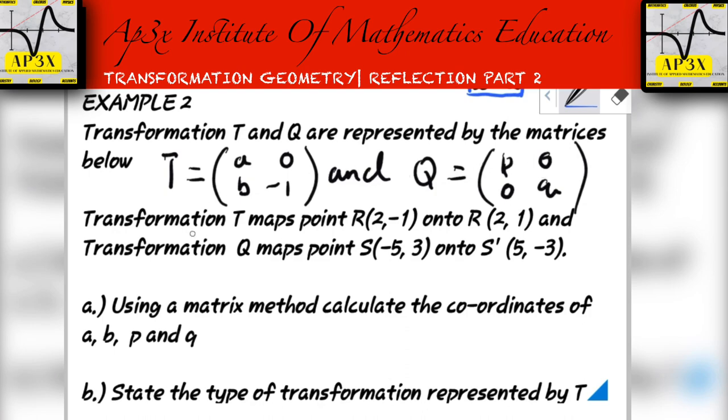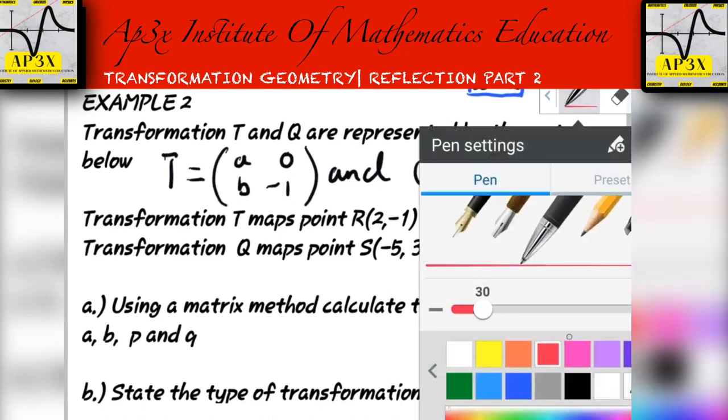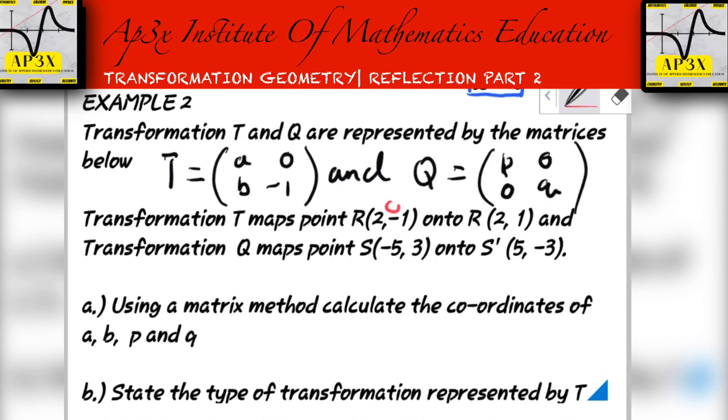But what we do know is that transformation T, this matrix here, maps the point R, which is the object in this case, onto R prime. This actually should have been R prime, guys, my apologies. That's R prime to 1.